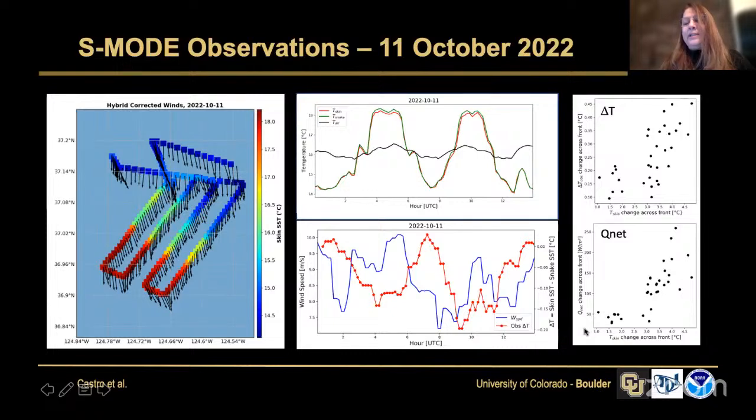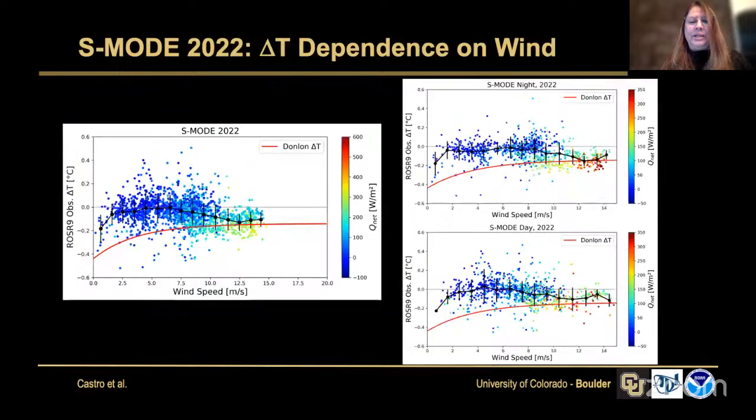For other crossings, on the right, we have the delta T and heat flux modulation with the skin SST, and we can see a strong correlation between the delta T modulation and the heat flux modulation. Finally, this is the scatter plot of delta T versus wind speed, color-coded by heat flux. The red curve is the simplified Donlon model.